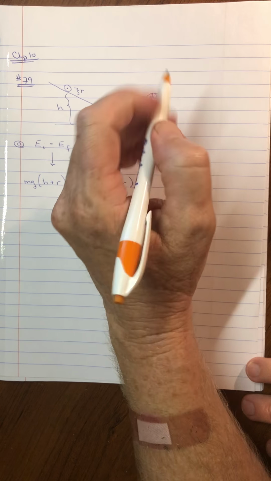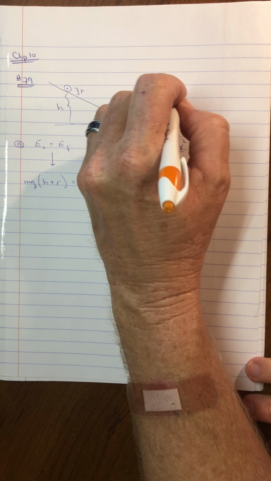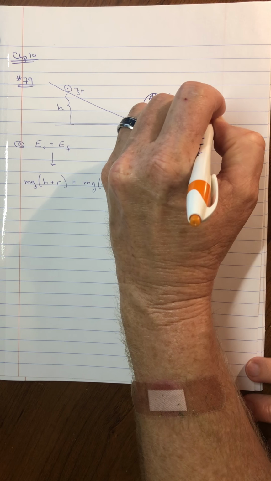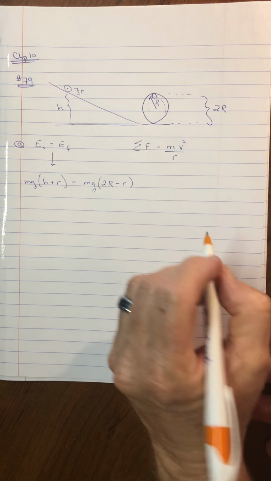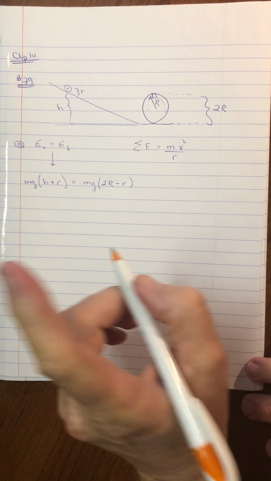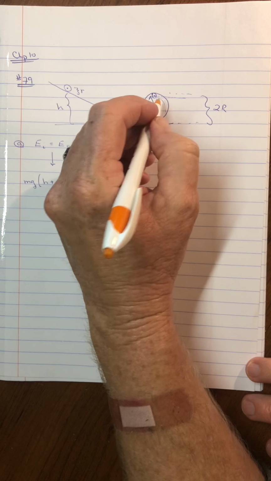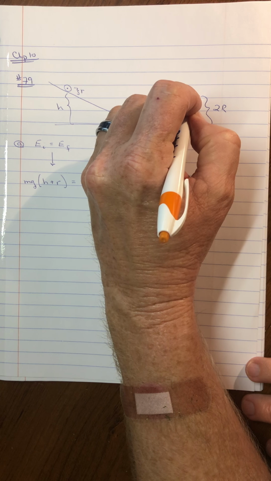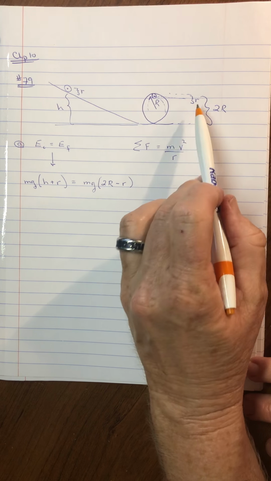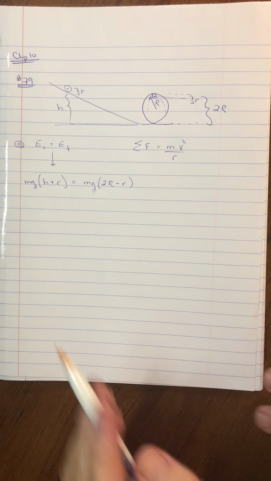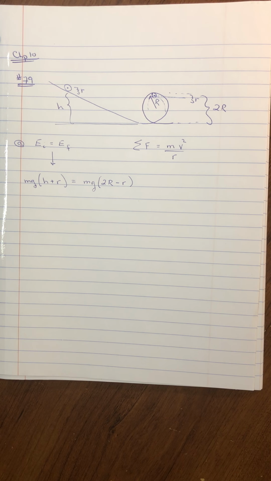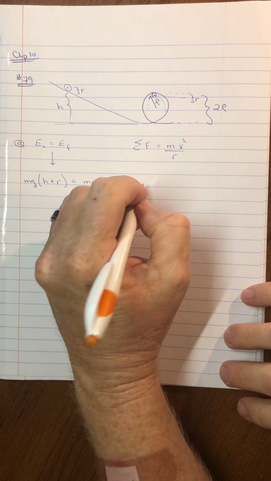And so its height right here, of course, the whole loop is 2r. And don't forget to throw in chapter 9 here, that the center of mass then is a little bit below that by a distance of little r. So that's why the height of it is 2r minus r.